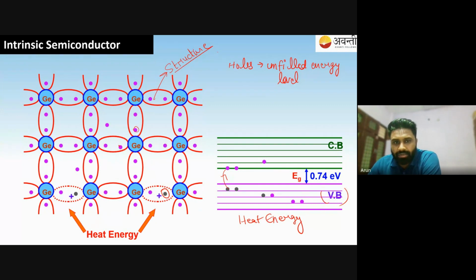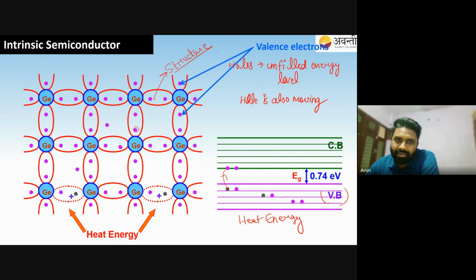This means not only is the electron moving, the hole is also moving. Got it? Then you can see here this conduction band electron will fill this vacancy.